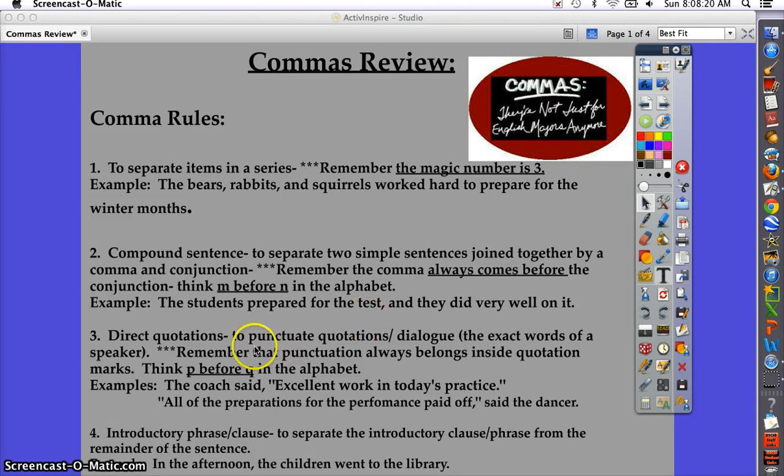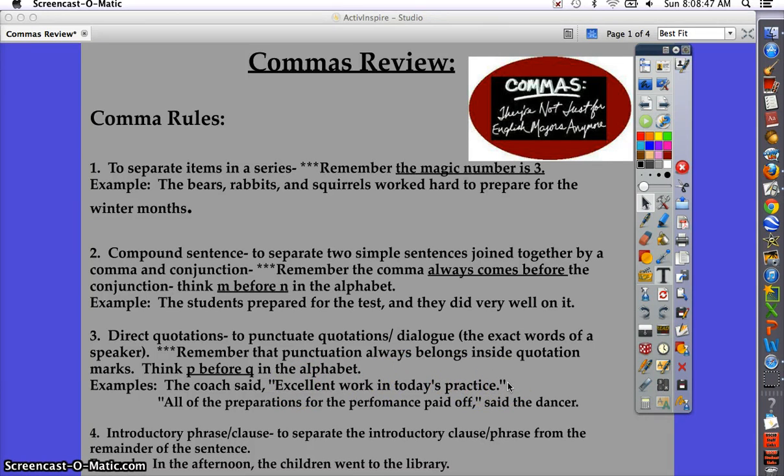So the third rule, direct quotations, to punctuate quotations or dialogue, which would be the exact words of a speaker. Remember again that punctuation always belongs inside of the quotation marks. And again, little technique, think P before Q in the alphabet: punctuation, quotations. So examples would include: The coach said, comma, quote, "Excellent work in today's practice," period, quote.